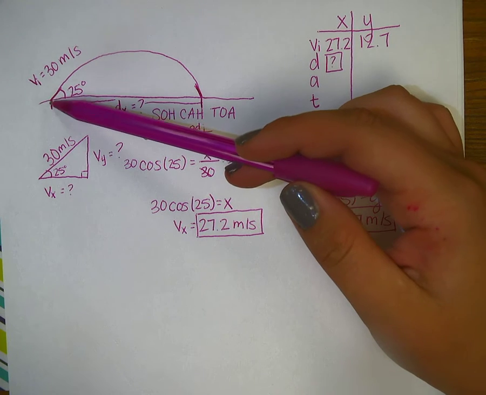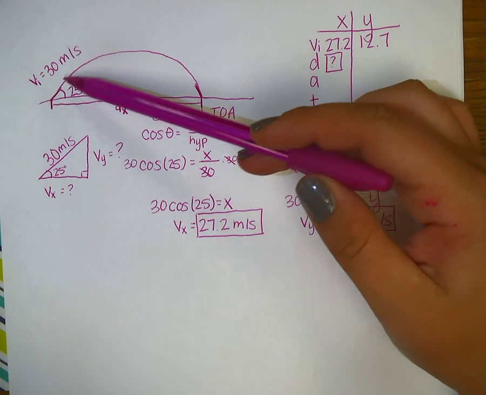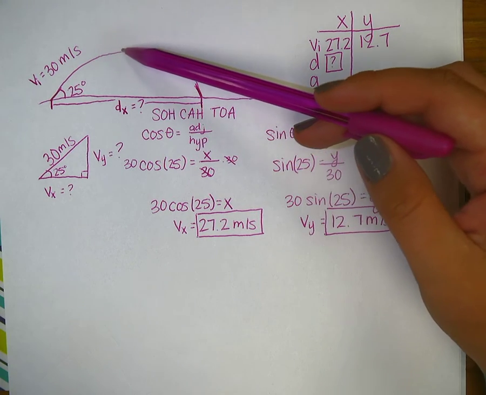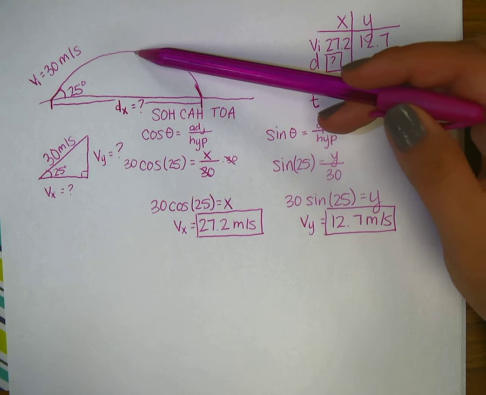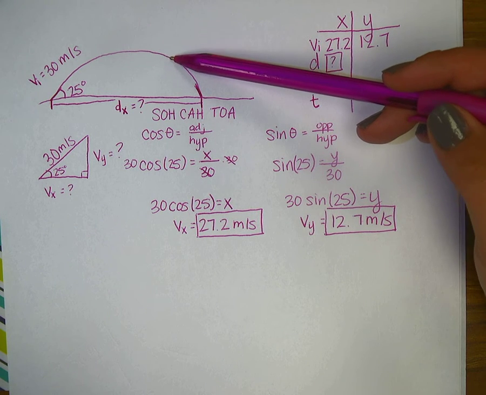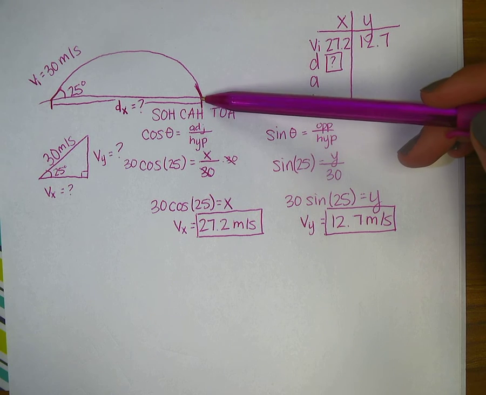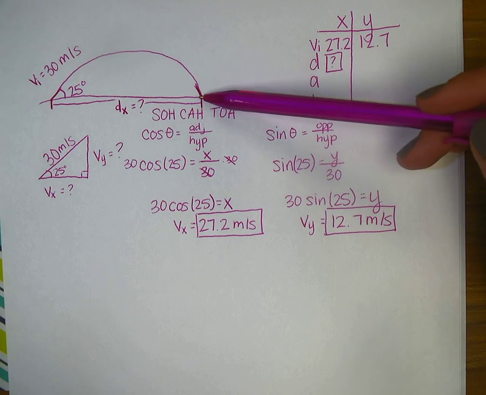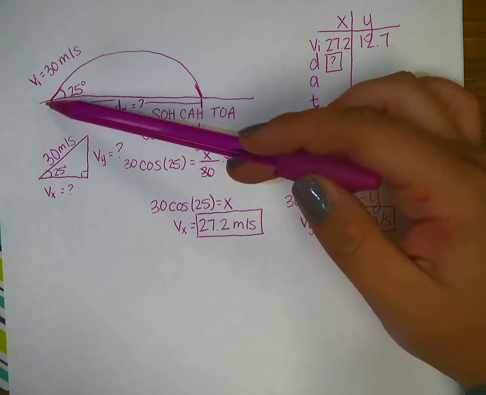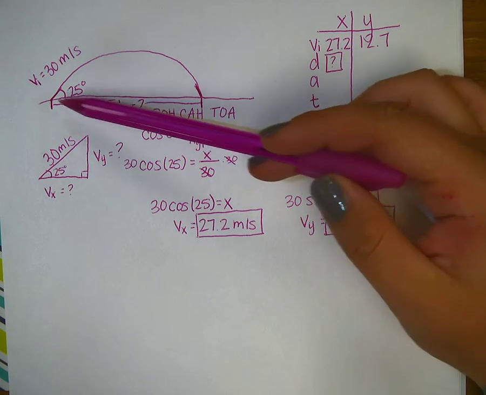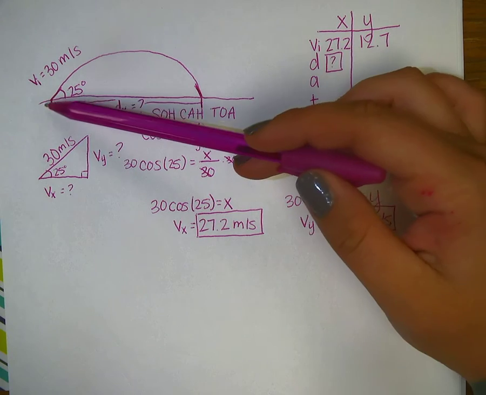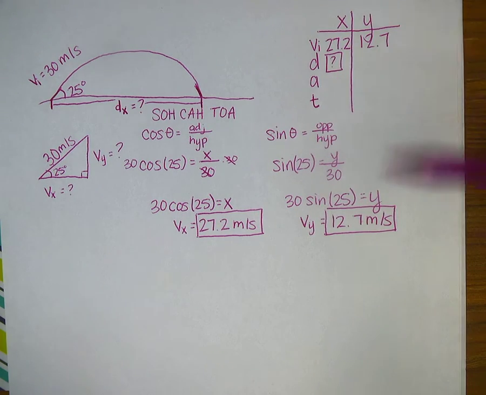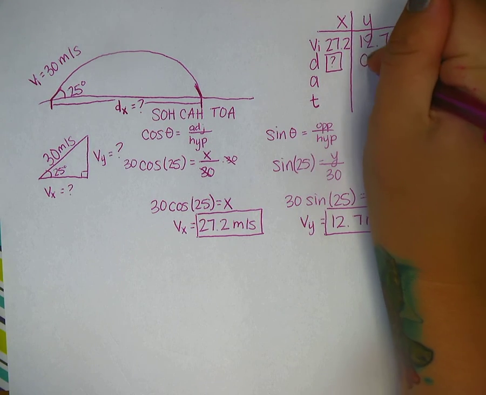So if you start on the ground and you go up, then your y displacement is positive. And then whenever you're coming down, your y displacement is negative. Whenever you get all the way back to the ground, you've gone up and then you come down, your y displacement is 0. Okay, so since we didn't start any higher or lower than where we ended, we have a 0 y displacement.